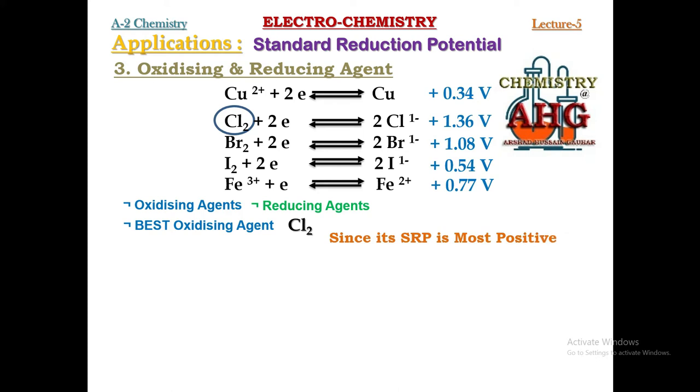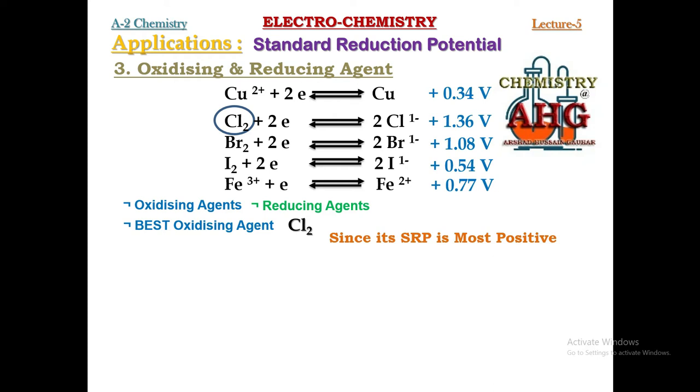Whenever you are asked to find the best oxidizing agent for a given number of half cells, keep this reason in mind and write it as an explanation: the half cell whose standard reduction potential is most positive is the best oxidizing agent.